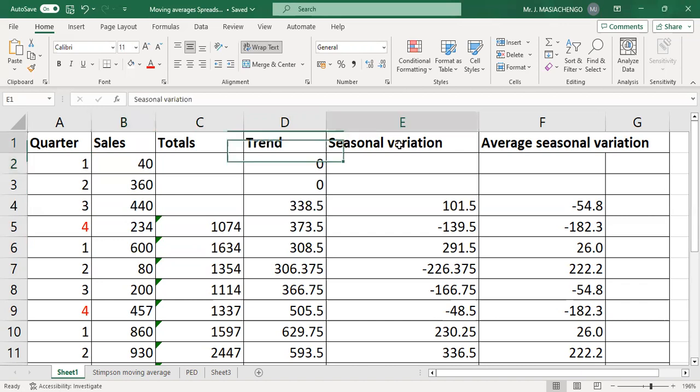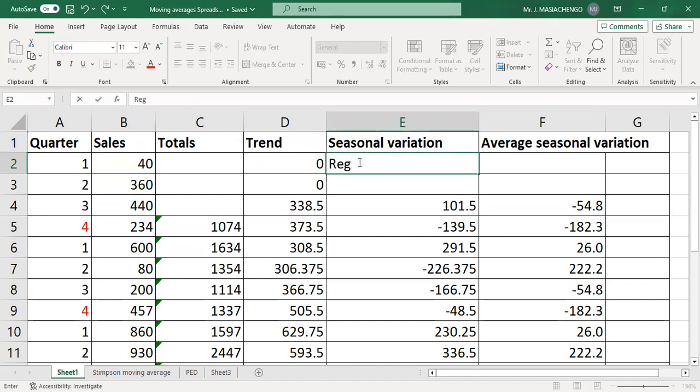This is seasonal variation. Regular and repeated, that happens in a period of 12 months.